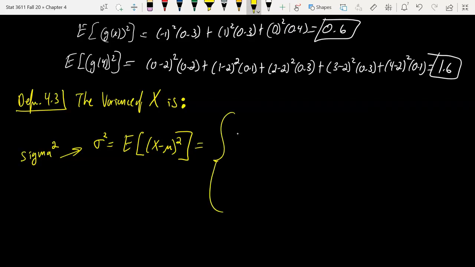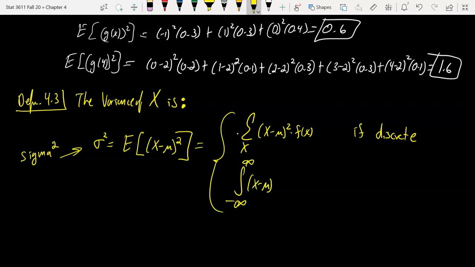This is equal to, in the discrete case, the sum of x minus mu squared times f of x, just like we did above, adding up all those values as we do in any expected value calculation. Same idea in the continuous case, except we replace the summation with integration: the integral of x minus mu squared times f of x dx, if continuous.